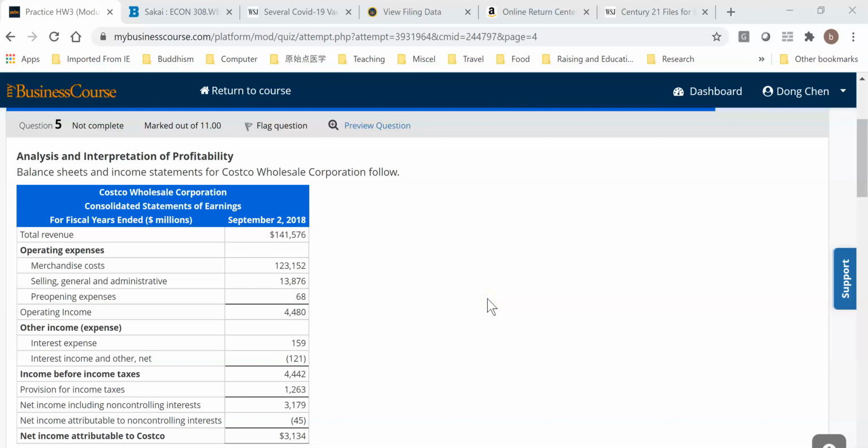This is question number 5 on the practice homework 3 for module 3. This is a question about how to categorize the items on a balance sheet and income statement into the operating and non-operating components, and then based on that calculate the return on net operating assets, and then based on the calculation of the return on equity, decompose the return on equity into the return on net operating assets and the non-operating return, and do some inference on that.